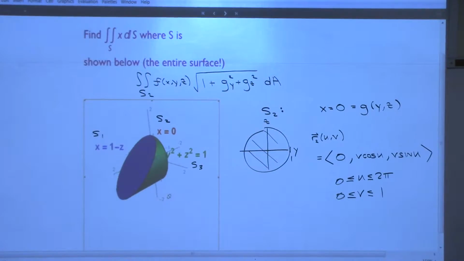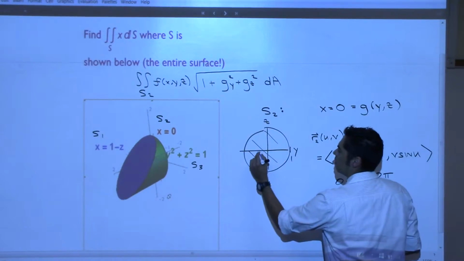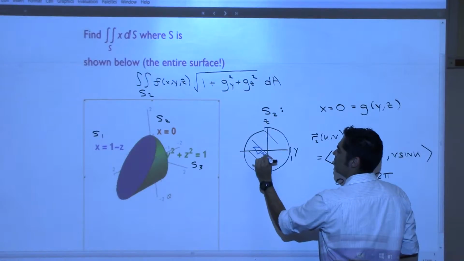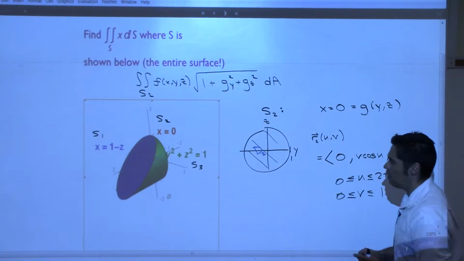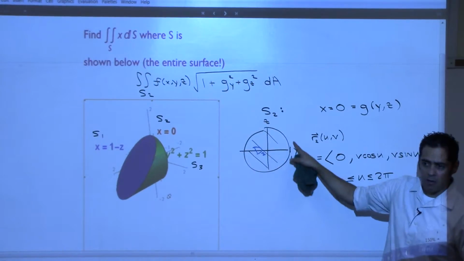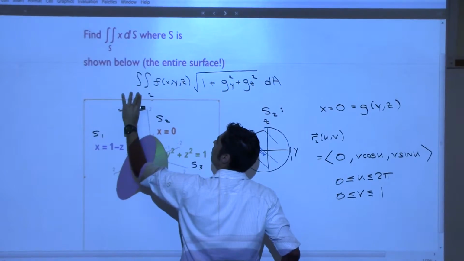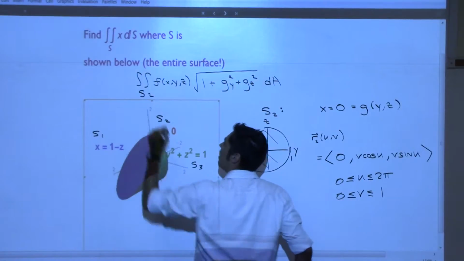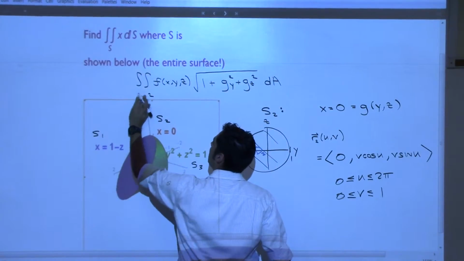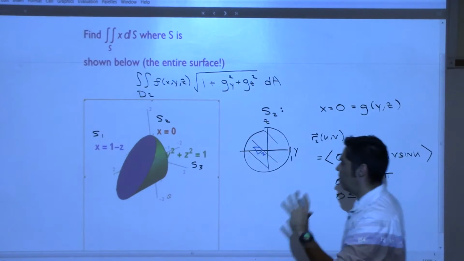I need to change one thing here. We're going to call this D2, because it's the domain that draws this surface. It turns out that S2 and D2 are exactly the same here because it's flat, right?